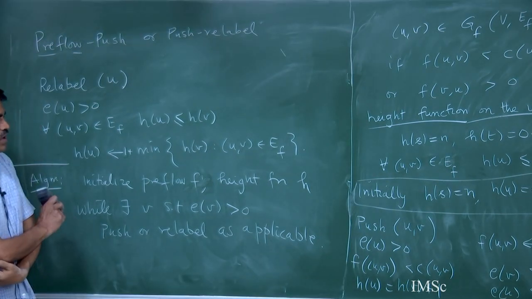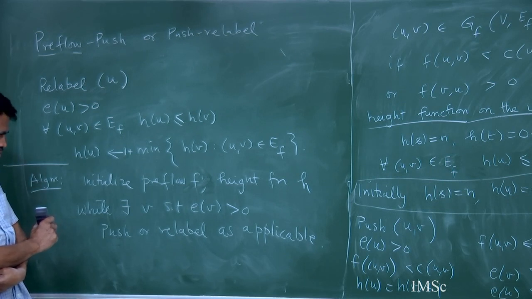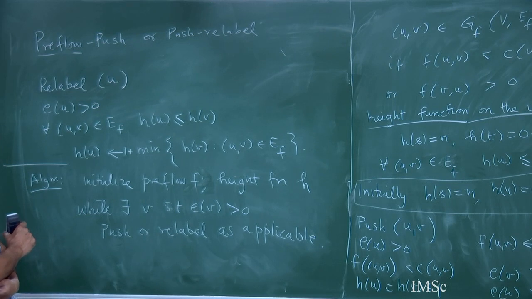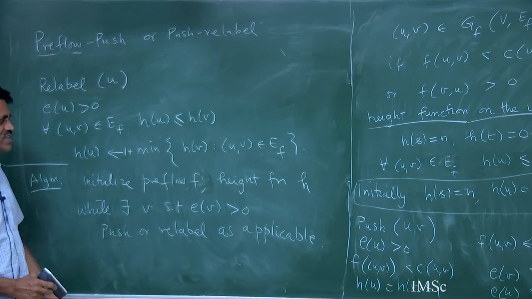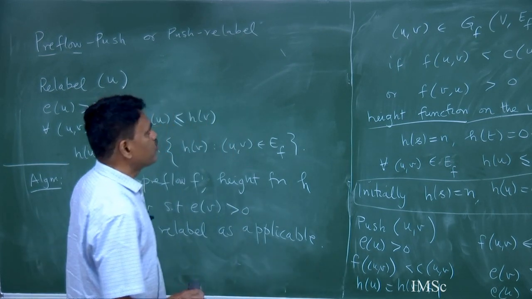Okay. So, what are some easy things to observe? That if you have a vertex whose excess is positive, okay, let's write down some lemmas and prove them, right.